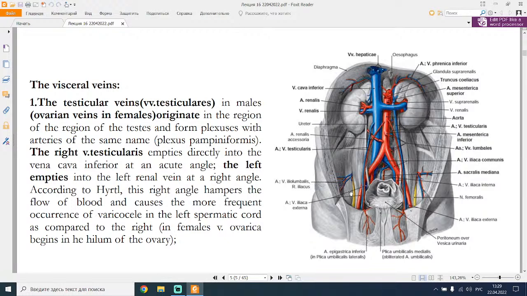The right vena testicularis empties directly into the vena cava inferior at an acute angle. The left empties into the left renal vein, vena renalis.